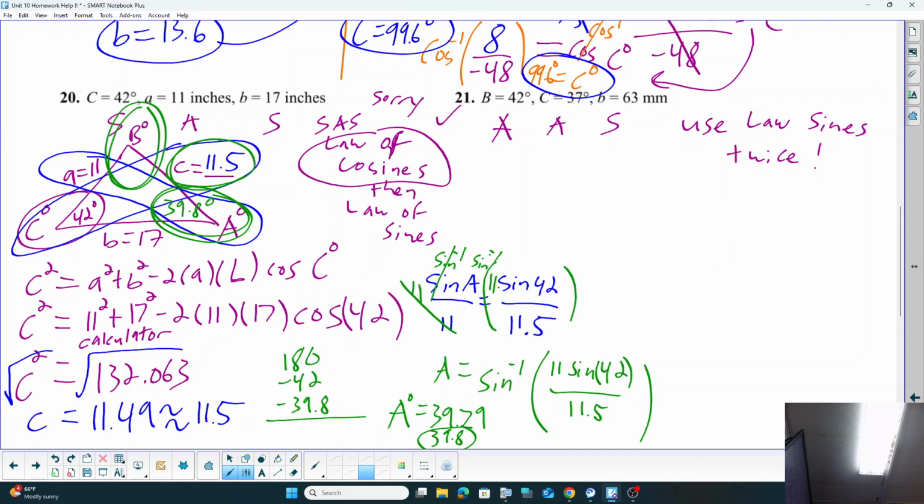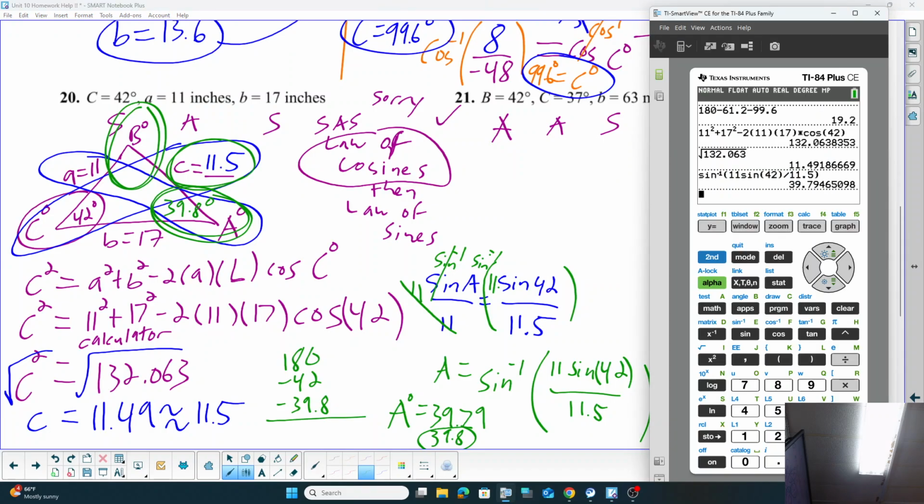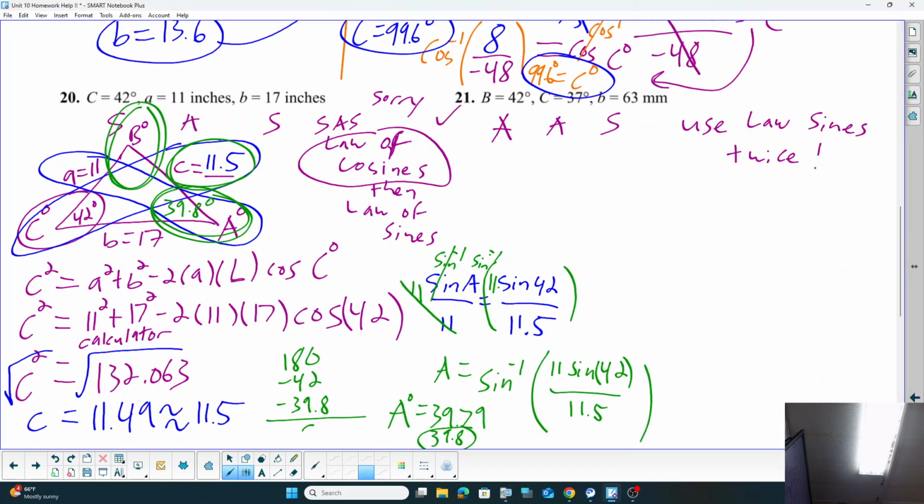We'll see. No, I'm getting the same answer. So 180 minus 42 minus 39.8 gives us 98.2 degrees, which is an obtuse triangle. That seems to work okay. So we get 98.2 degrees for angle B.